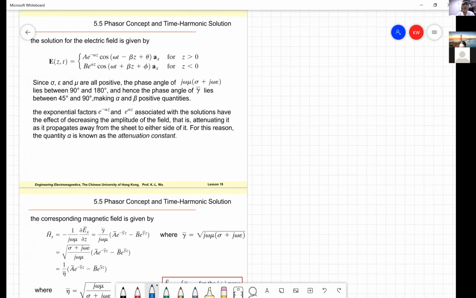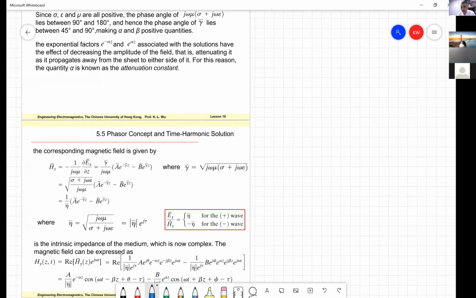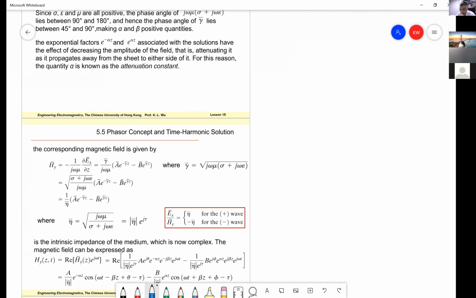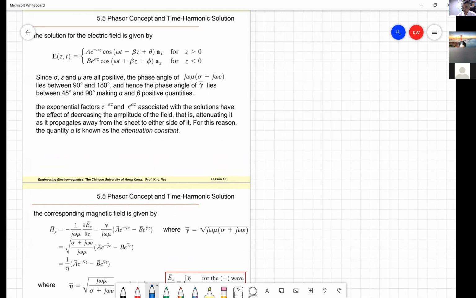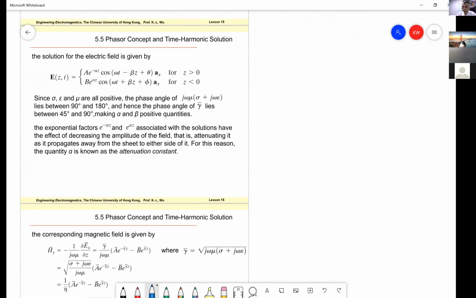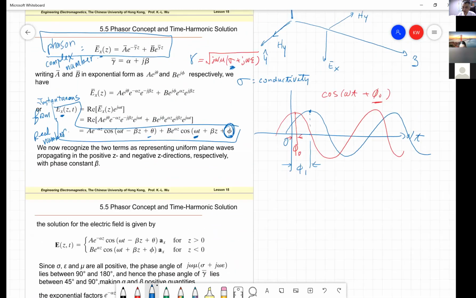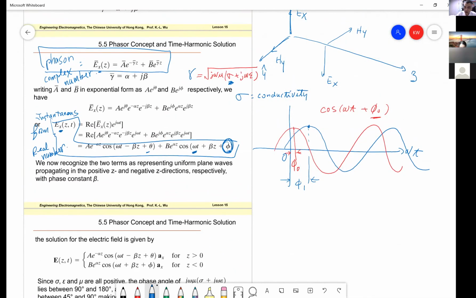Now let's talk about this case. Suppose we have a solution for the electrical field, where A and B are arbitrary complex constants.